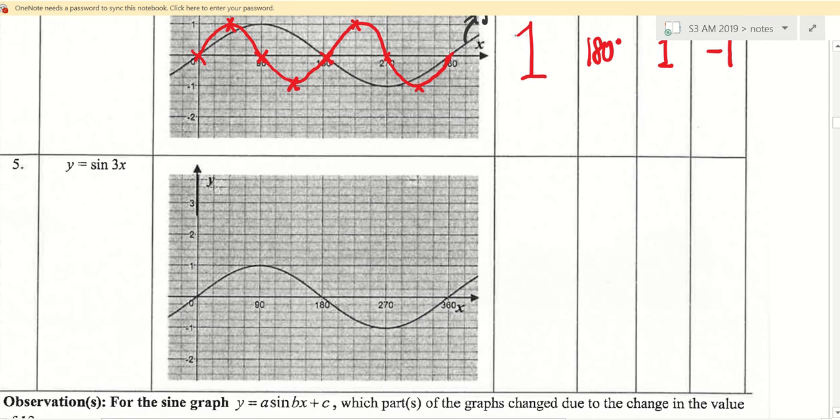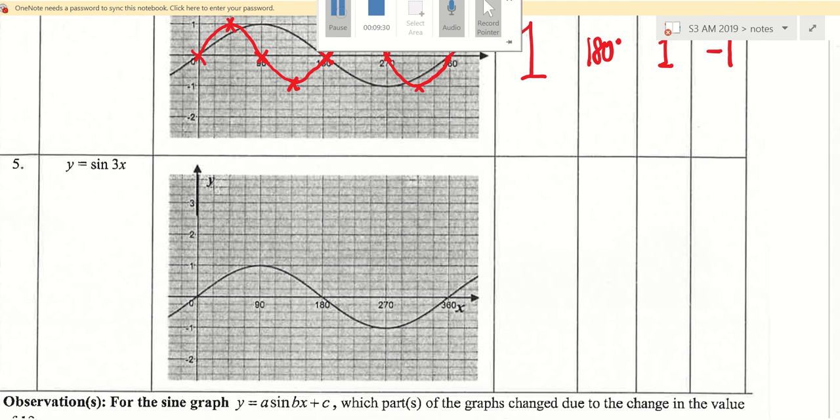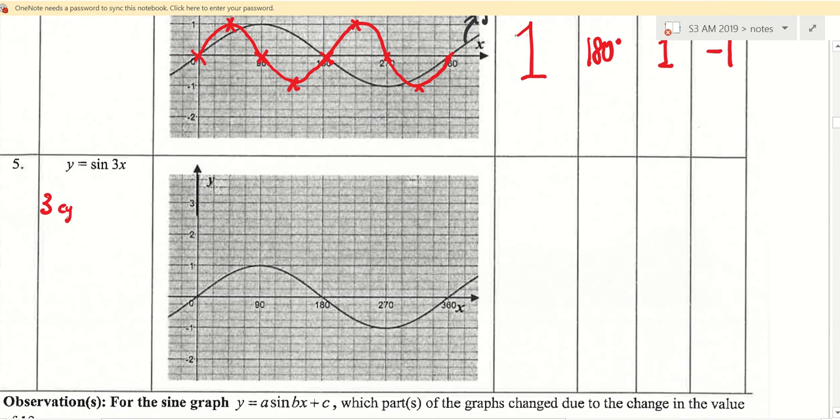Okay, let's try 3x. You want to try now? You try first. I pause for a while. I have 3 cycles in 360. That means 1 cycle is what? 120. So I have to look up. If this is 0, this is 90.